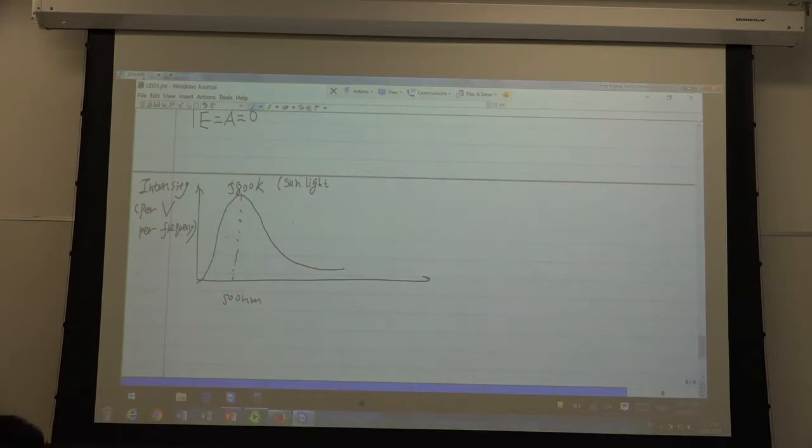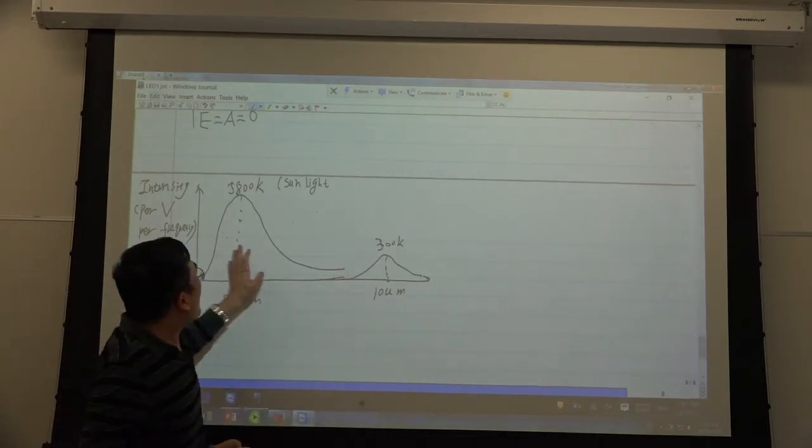At room temperature, something like this, very far from that. Here is 10 micron, around 300 K, where K is Kelvin temperature. For black body radiation, the emission spectrum only depends on the temperature, and the peak values are quite different.